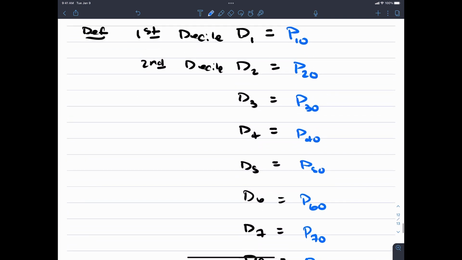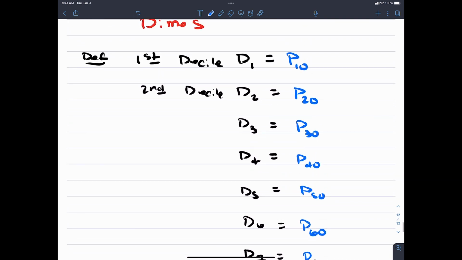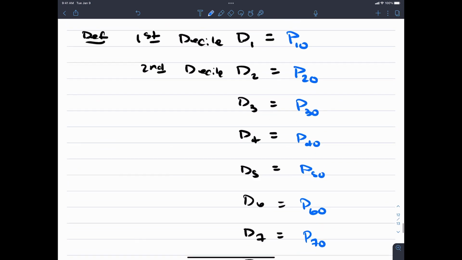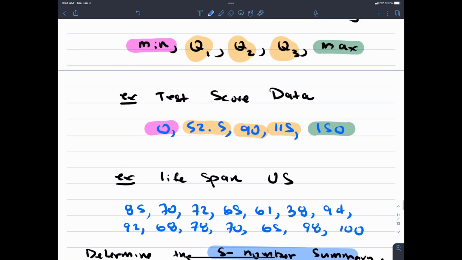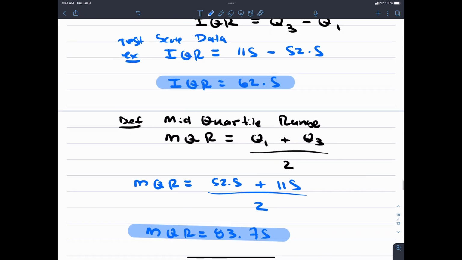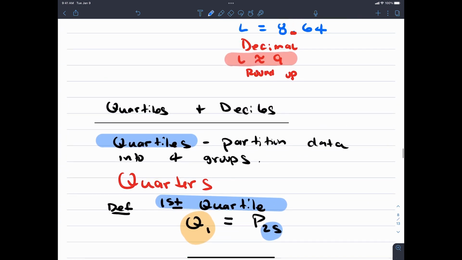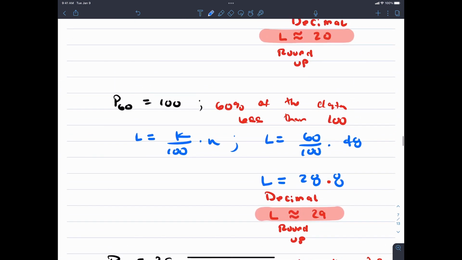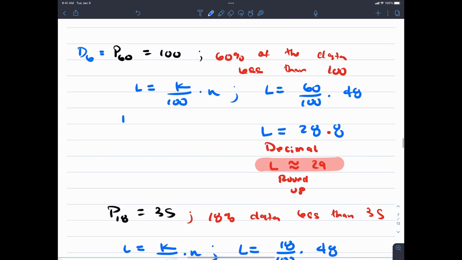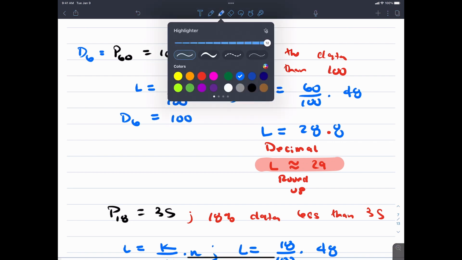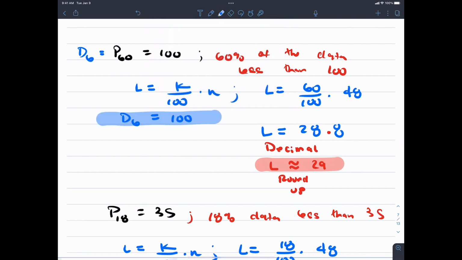Is that right? You guys know what I'm saying? So if I went back to everything we worked on yesterday, I already know some of these values. What do I know? What is P60? That's D6, ladies and gentlemen. So D6 is what number? 100. If you can find percentiles, you can find what?